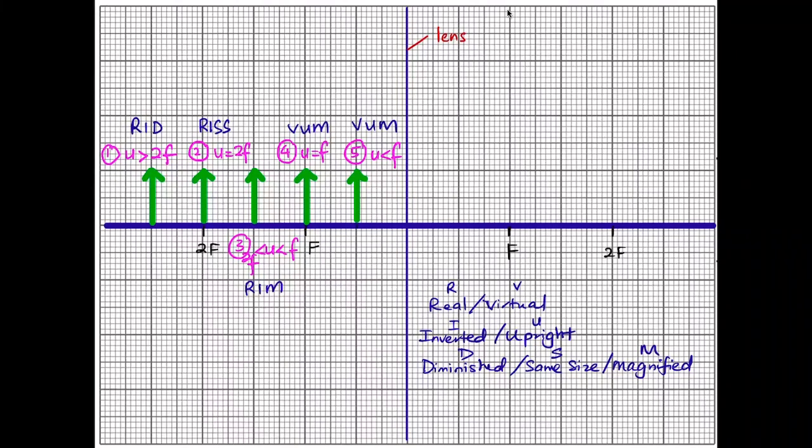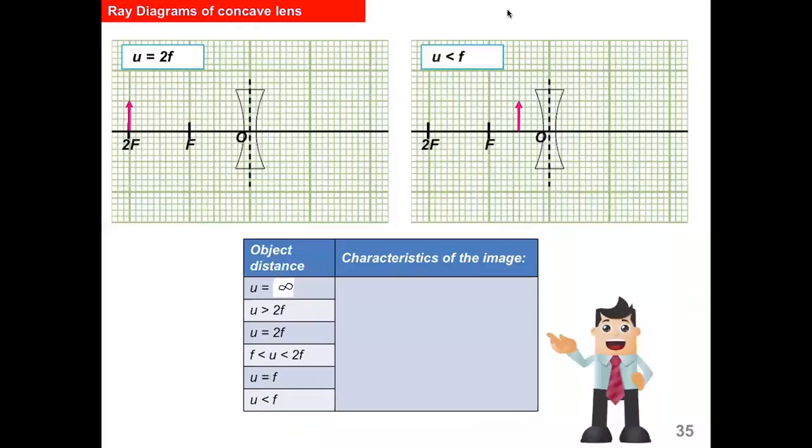Now I will show you how to draw the concave lens and also the mirror, and then you can see what the similarities are for both of the ray diagram situations. For the concave lens, because the F is at the front, again it is the same.